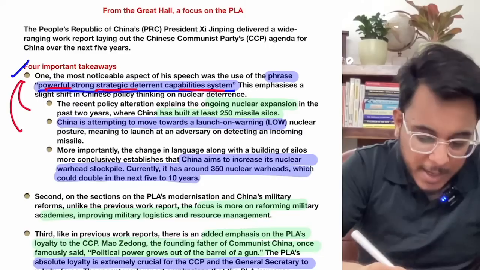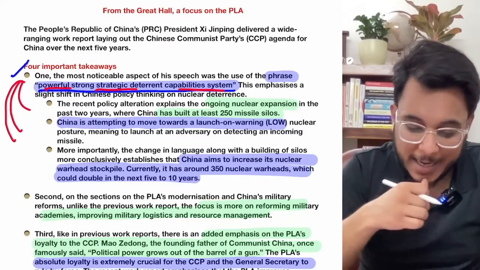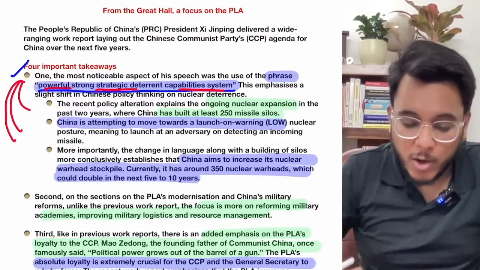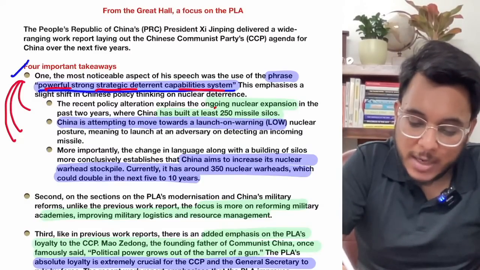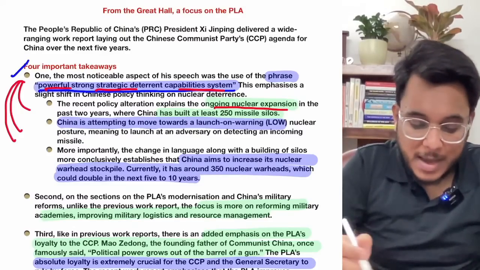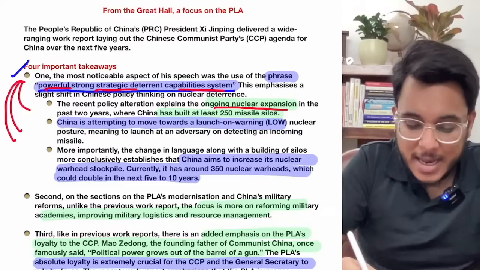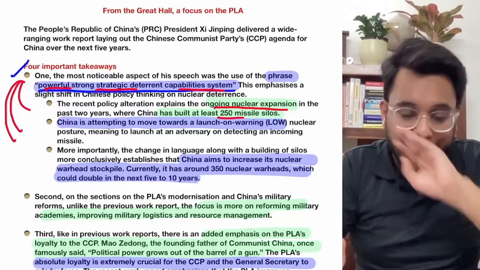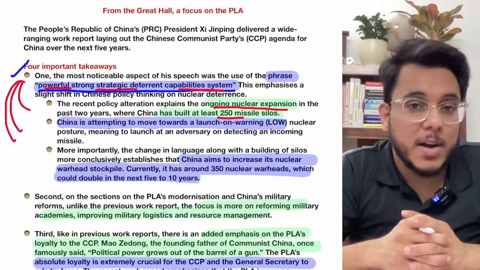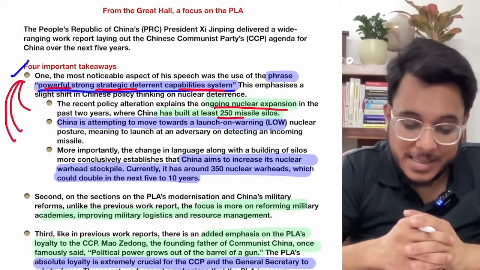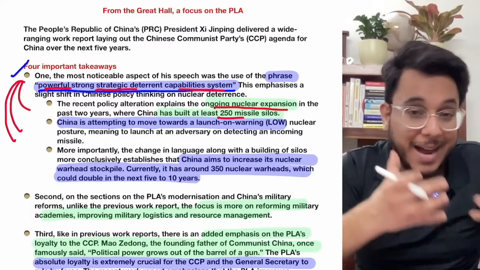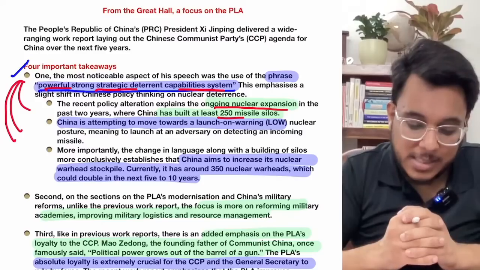Now in this direction, what are the specific key takeaways? Number one, China is probably going forward with the expansion of their ongoing nuclear expansion. Now guys, when we talk about China, in the past 2 years alone, China has built at least 215 missile silos. And as China has built 250 missile silos, it means that China is moving towards a strategic deterrent against the world. This is something that is happening.